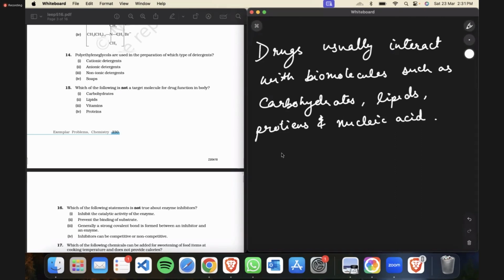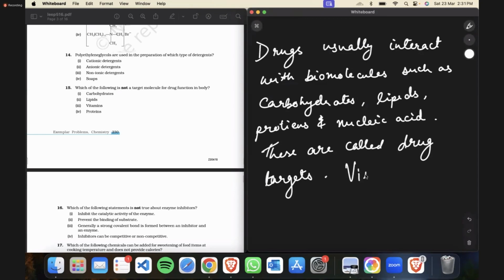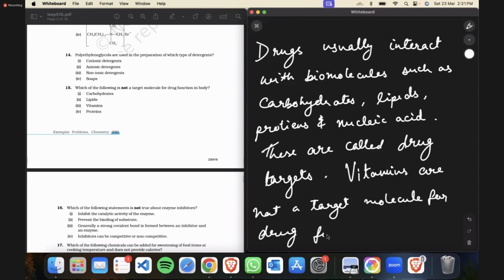These are called drug targets. Meanwhile, vitamins are not a target molecule for drug function.